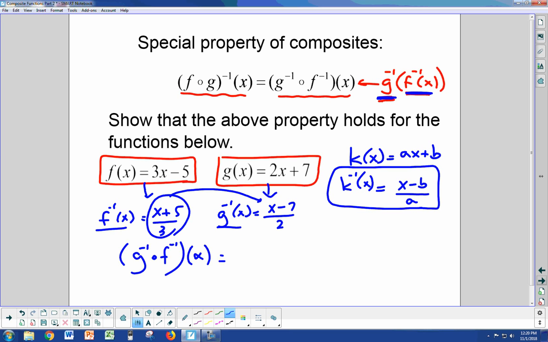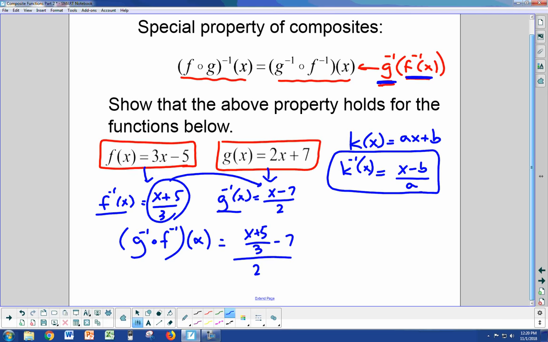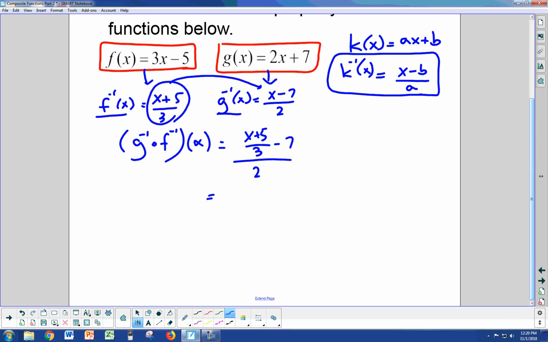And that is going to be, in this case, ((x plus 5) all over 3 minus 7), and this is all over 2. Multiplying the top and bottom by that 3 gives us a final answer on this side of (x plus 5 minus 21), all over 6, or x over 6 minus 16 over 6.